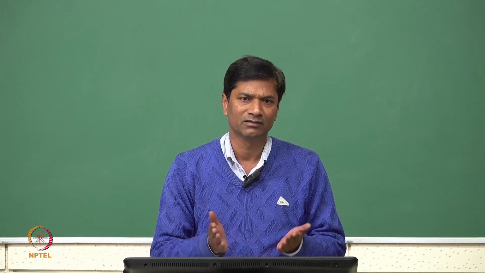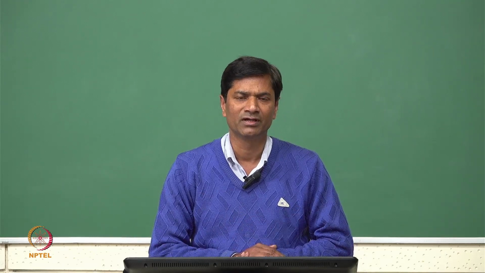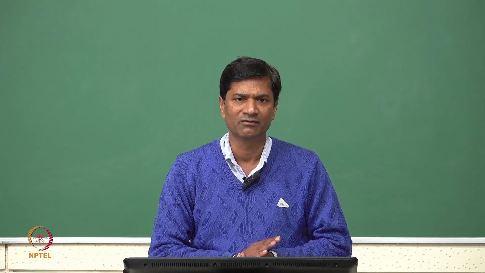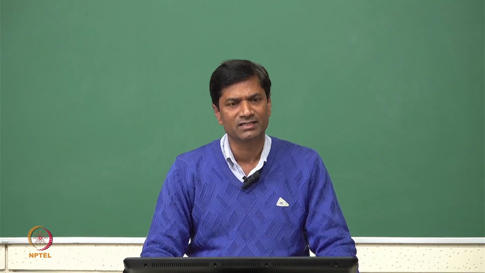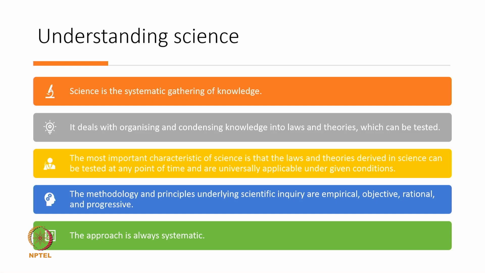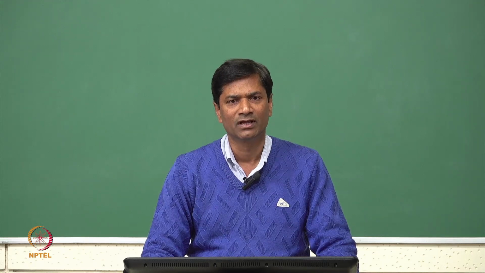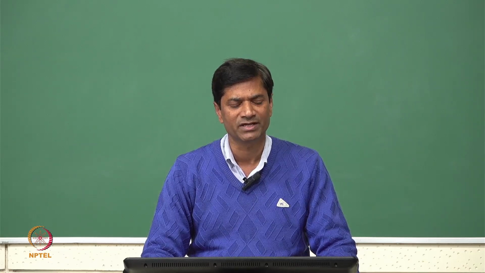We are getting scientific knowledge in systematic ways. Science deals with organizing and condensing knowledge into laws and theories. And the most important thing is that these laws and theories are universally applicable and can be tested.